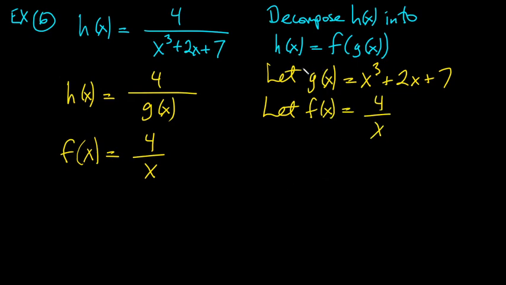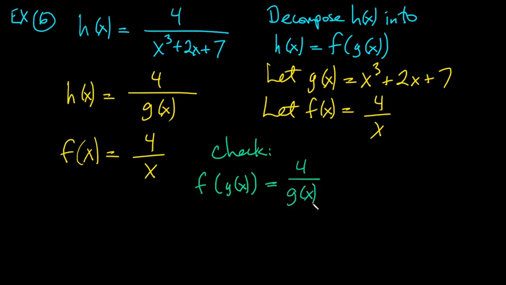Okay, so let's see if that works. Let's compose the two functions as a way to check. Let's take f of g of x. So what does f do to x? It just flips it over, takes the reciprocal, and multiplies by 4. So 4 over x.